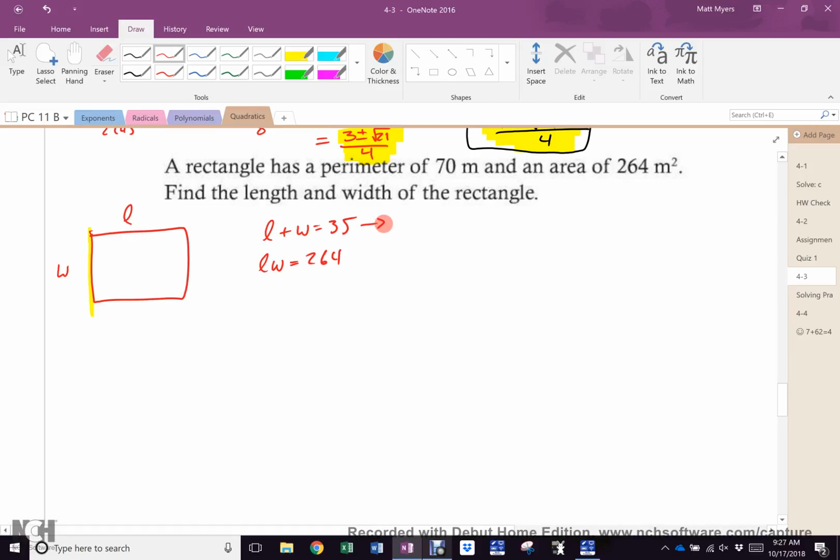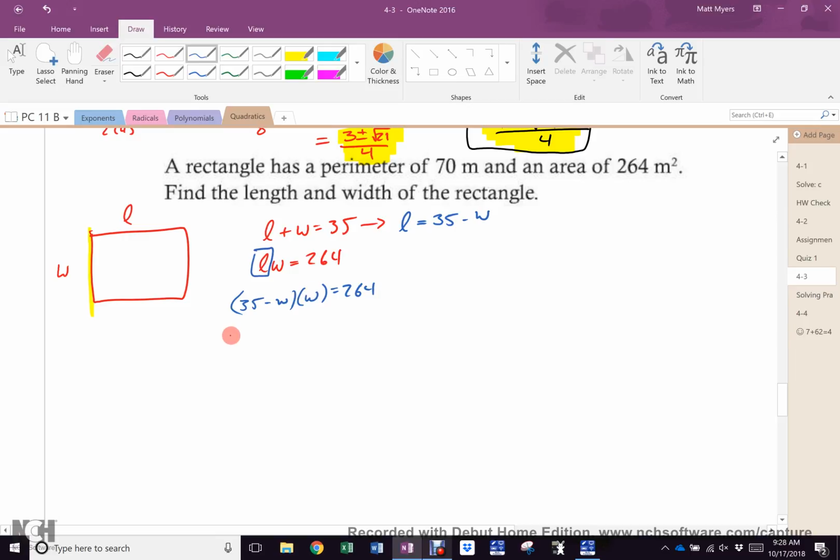Because here, I can make L equal what? 35 minus W, right? Now, if L equals 35 minus W, what can I write right there? 35 minus W times W equals 264, correct? Everybody understand?